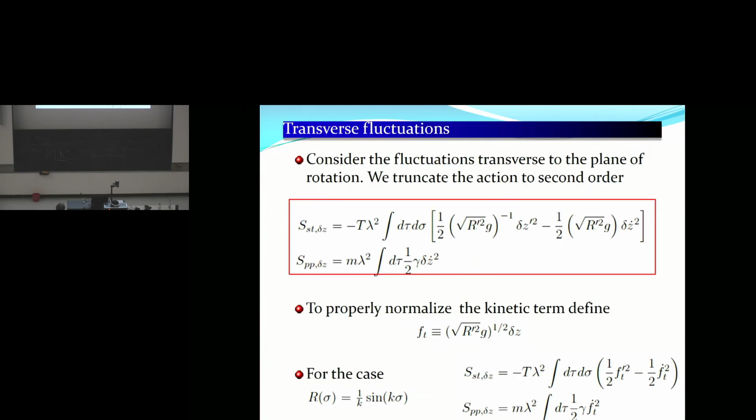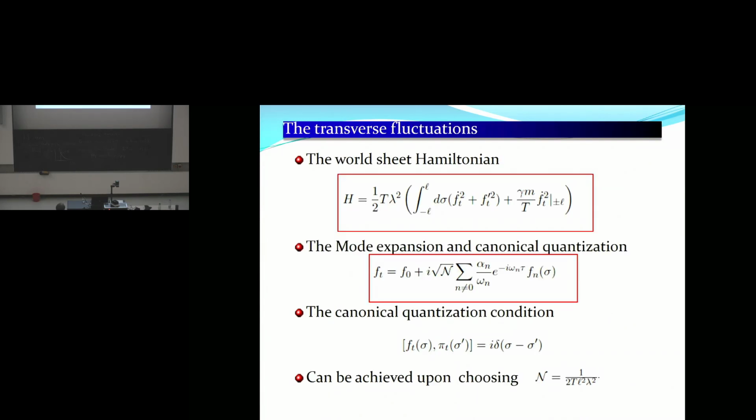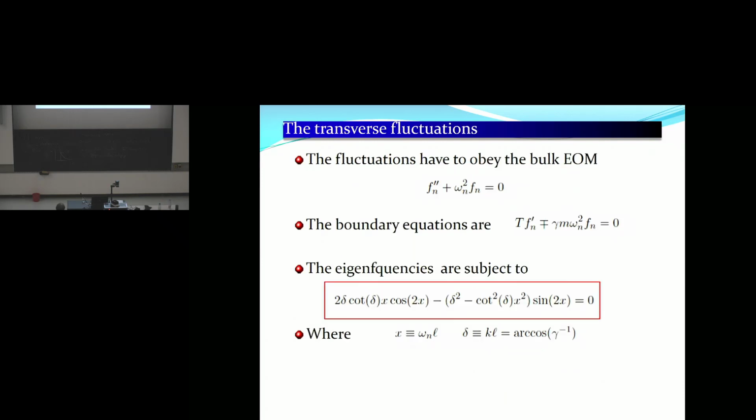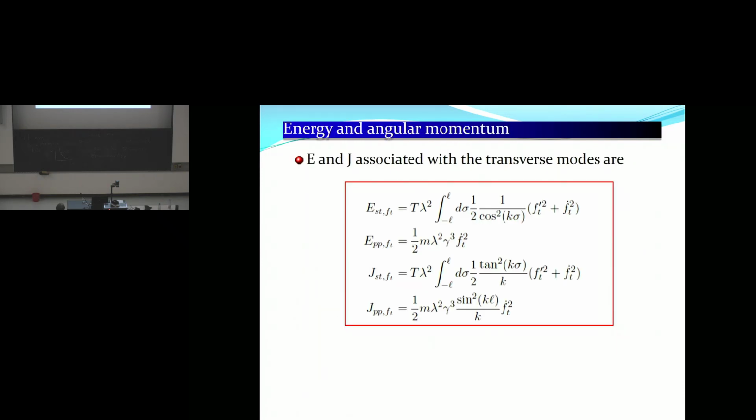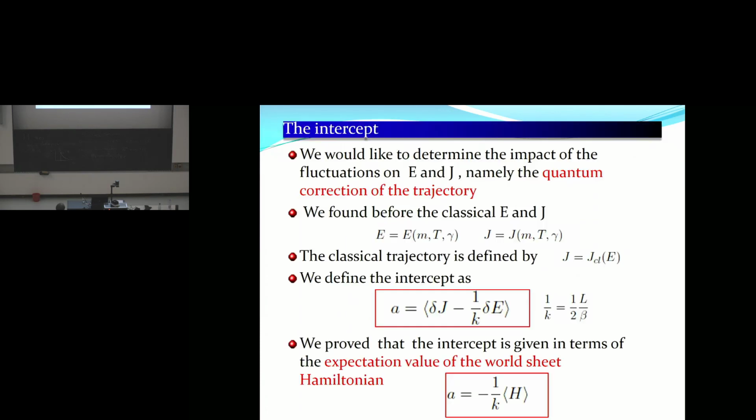We have done it. I want to just emphasize one aspect, and this aspect is how do you renormalize this result? So the intercept is essentially the worldsheet Hamiltonian, and it relates to the change from the classical trajectory. So this is the way that the energy and momentum are changed.